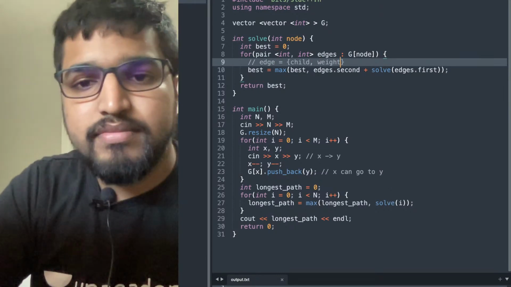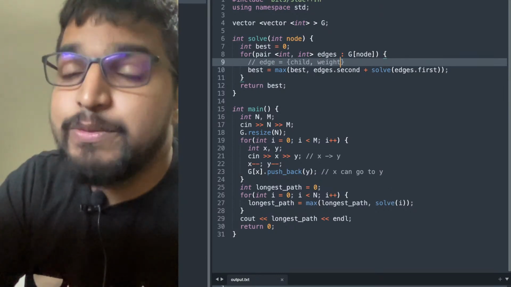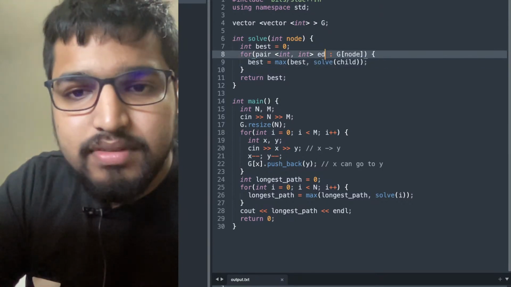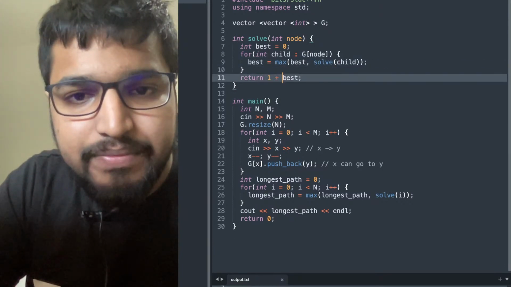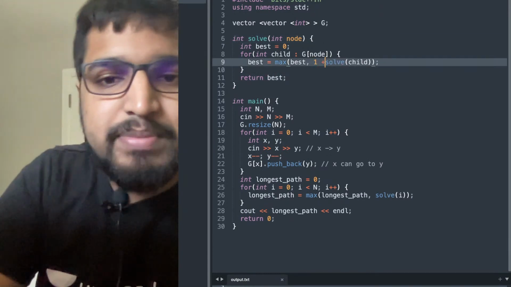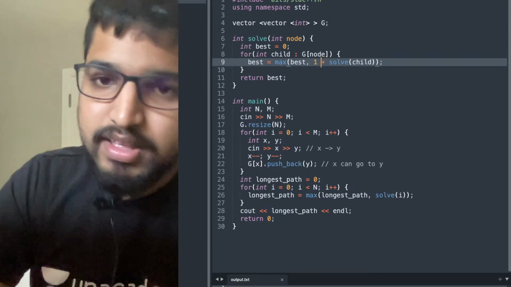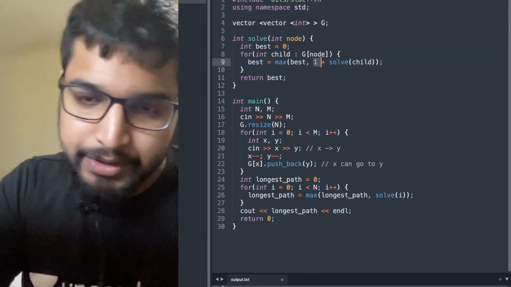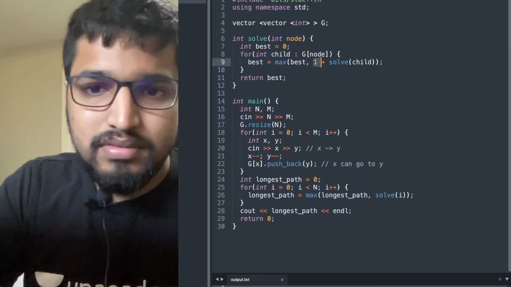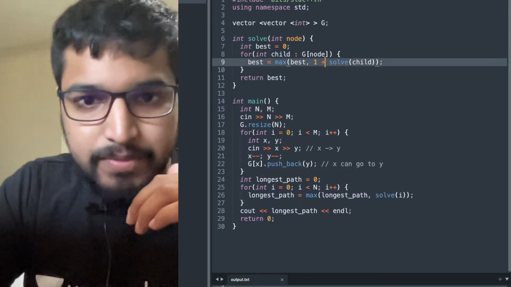This would be if edges were weighted, but since they're not weighted here, you can also write it as 1 plus best, 1 plus solve of the child, since you're taking that node and going into the child. This would be the correct approach.